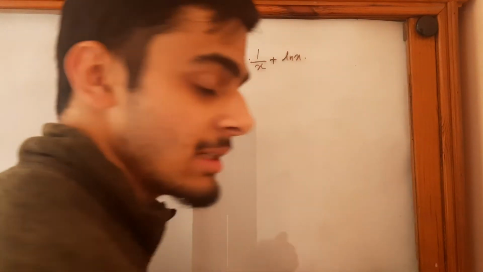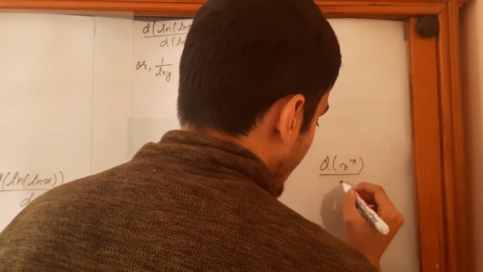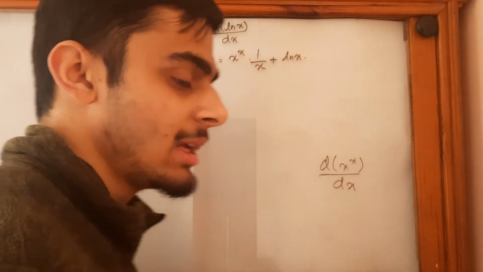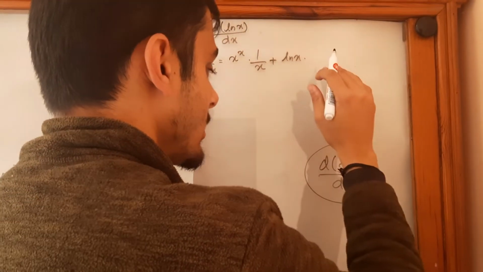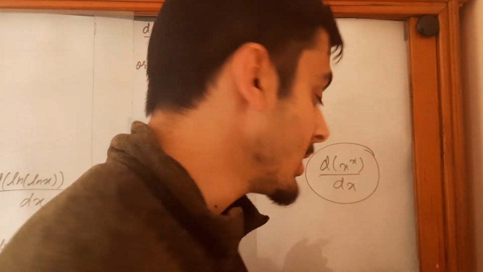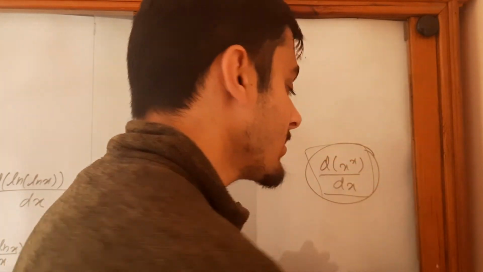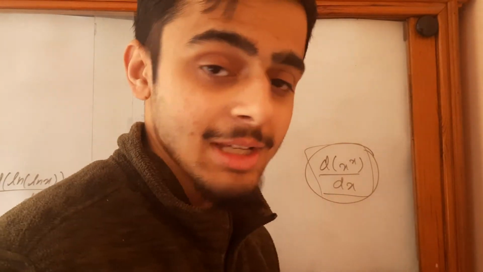And for the differentiation of this one, I've already made a video about this, so we can just replace the value of this directly over here. But if you want to know how to solve this one, I recommend you to watch my another video where I have covered about this.